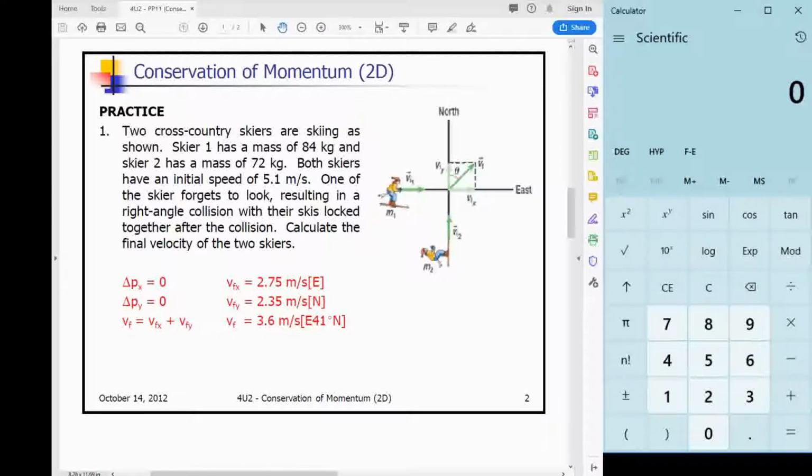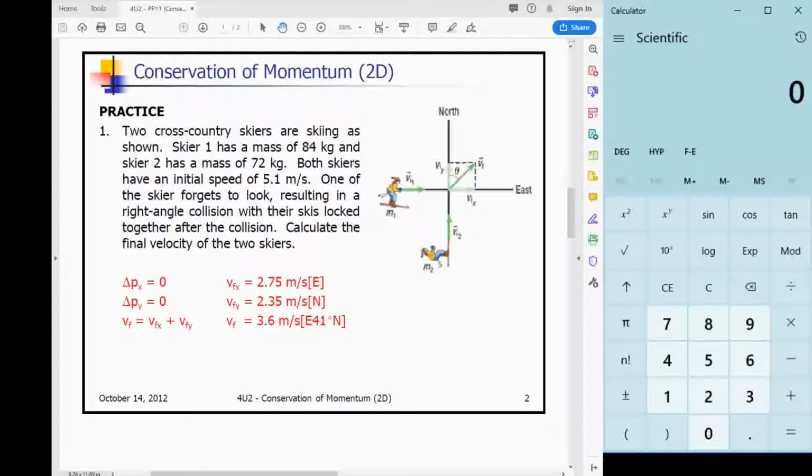So in order to find this, we know that the momentum in each direction has to be conserved. The momentum of the skier who's going to the east has to be conserved. The momentum of the skier who's going to the north, that momentum has to be conserved.